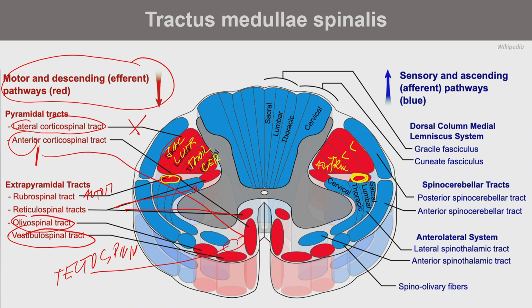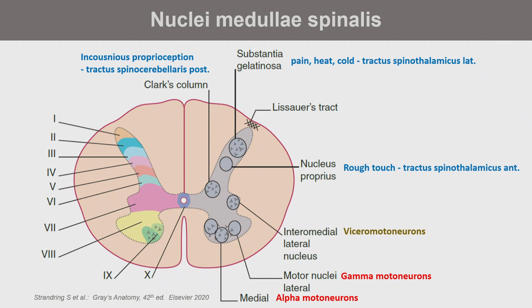And anteriorly, in the anterior fasciculi, we have tracts which are going from the olive, from the vestibulo-cerebellum, from the tectum, and from the reticular formation. So those are those which are preparing our system for the motion execution.